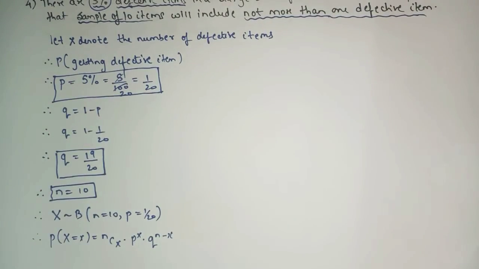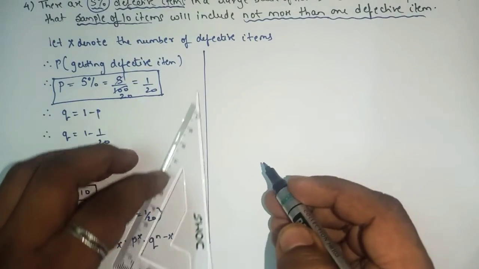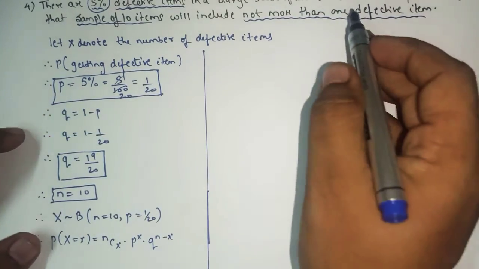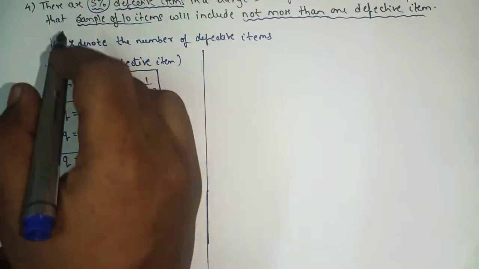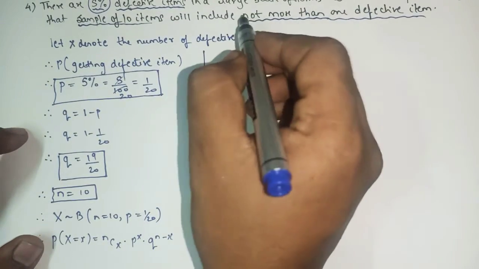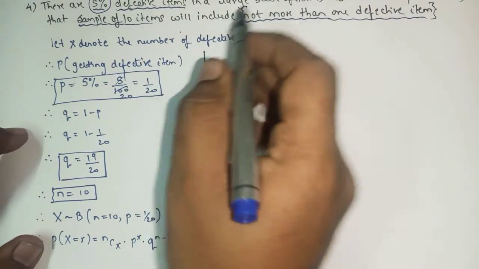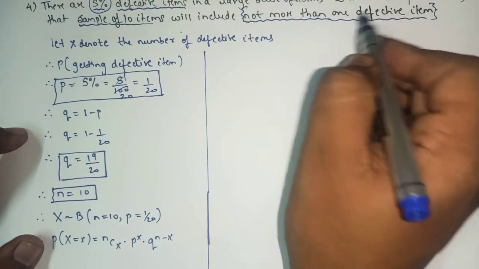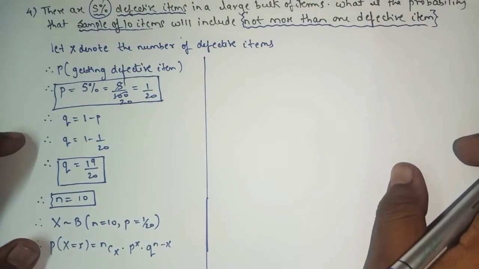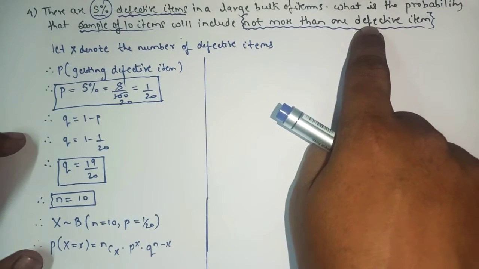Now we'll see what exactly we have to find in this question. We have to find the probability that a sample of 10 items will include not more than one defective item. Now focus on this part. It says it will not include more than one defective item.